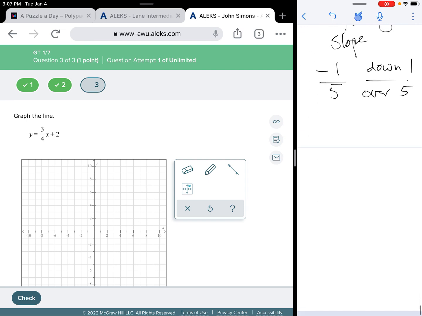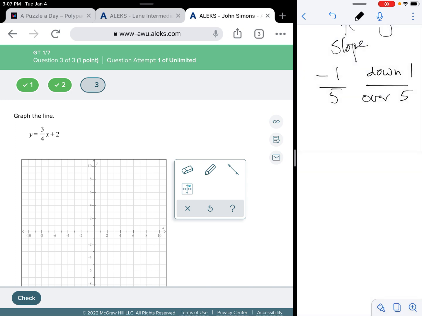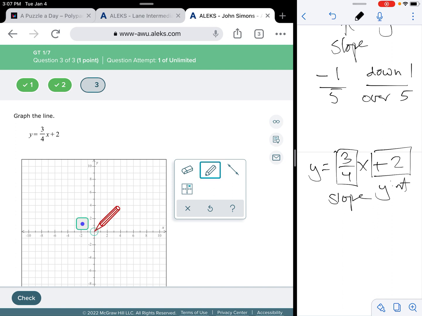All right, let's try another one: y equals 3/4 x plus 2. This 3/4 is my slope, and this is my y-intercept, positive 2. So let's go to my y-intercept, 2, and put a point.